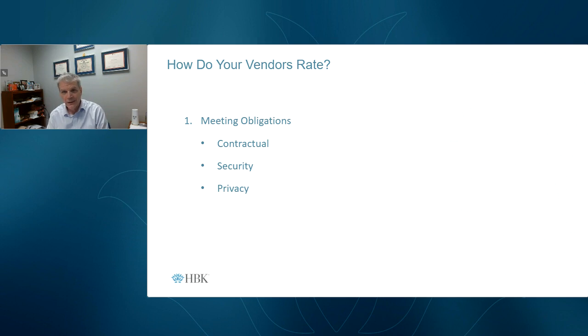Third parties are otherwise known in a lot of cases as vendors. How do they stack up? How do they rank against each other? So you've got contracts where people are supposed to be meeting certain criteria, SLAs.